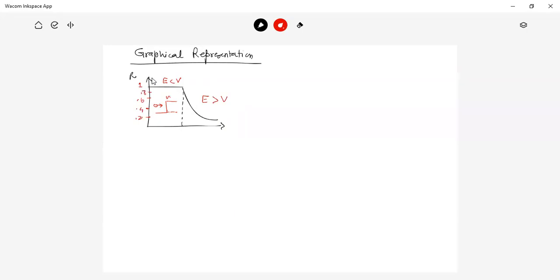So this is for R. And for T, transmission, if you want to see the transmission part, then again this is energy, and again this is 1.